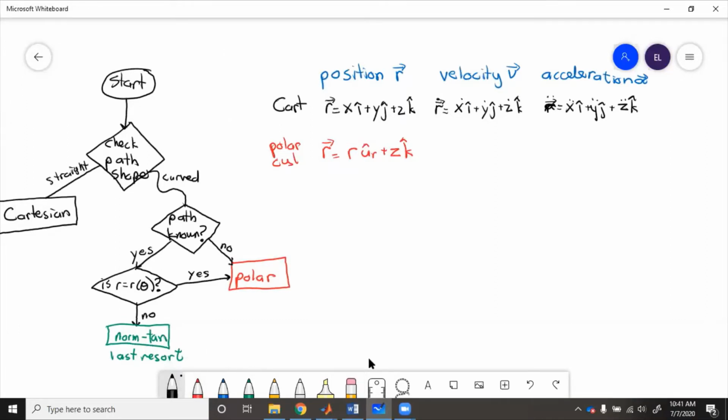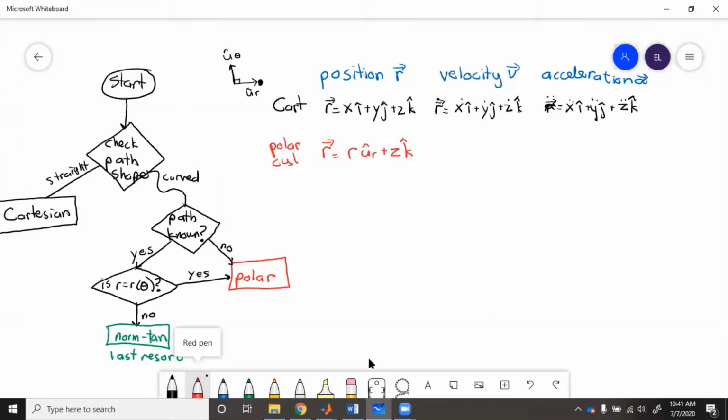Restart that. Okay. So let's say we've got a particle out here. Now, just looking at the two-dimensional, we know that ur points towards the particle. u theta points away from the particle, 90 degrees to ur.